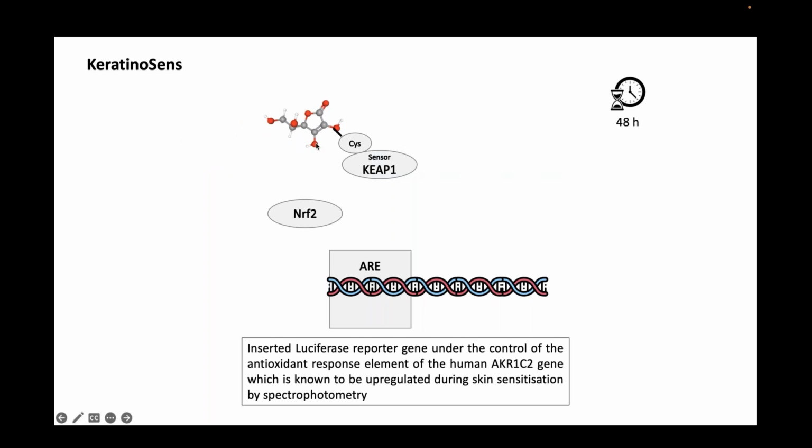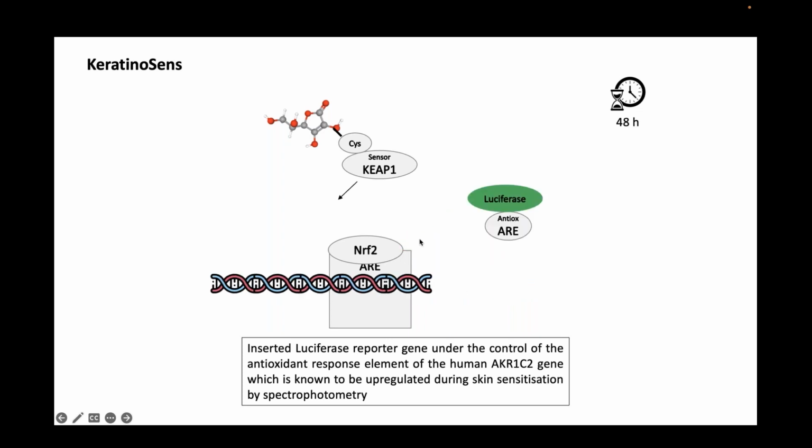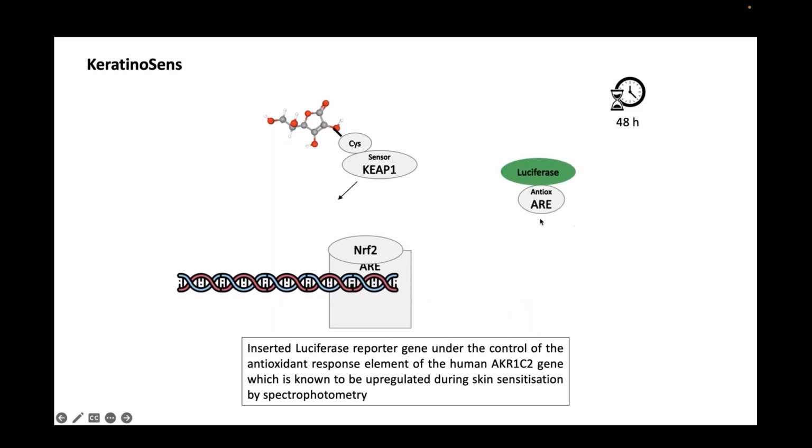The KeratinoSens is a gene expression assay, where the binding to the KEAP1 sensor is measured. This is also a covalent binding to cysteine. It releases the expression factor for ARE genes, which express the ARE protein, an antioxidant to deal with cellular oxidative stress. It is linked to a luciferase marker, which you can detect by spectrophotometry.